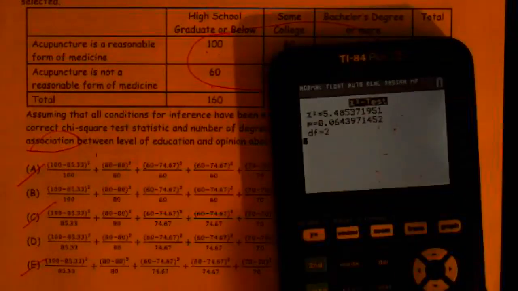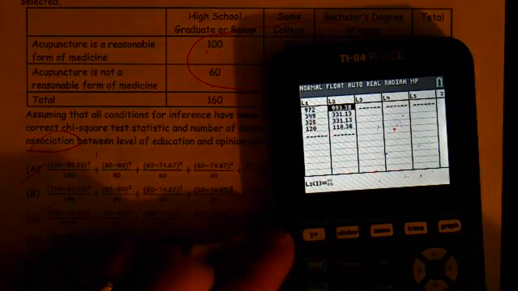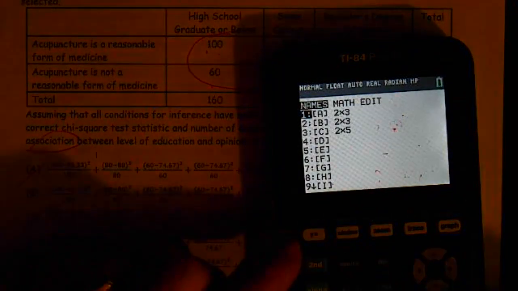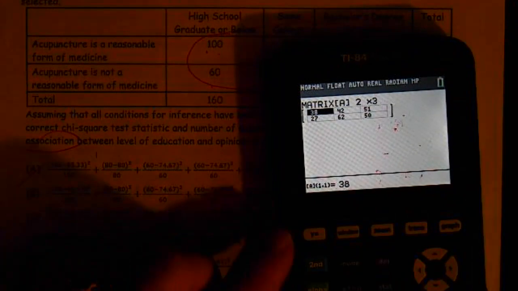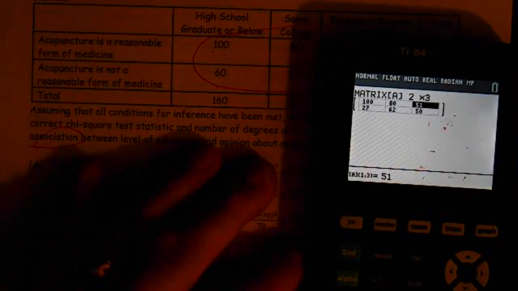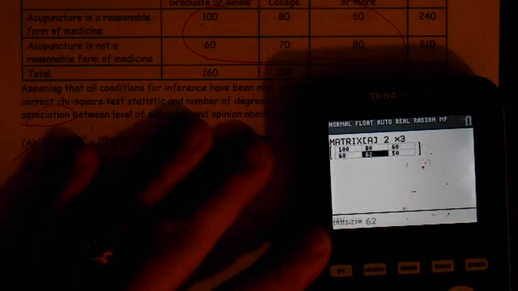So I need to go into the matrix, second matrix, edit, and I need to enter a 2 by 3. And we have 100, we have 80, we have 60, we have 60, we have 70, and we have 80.